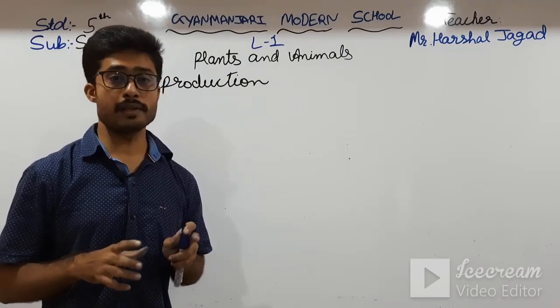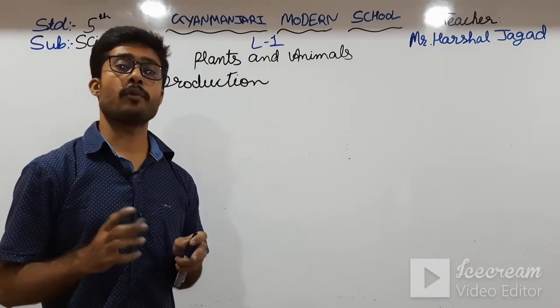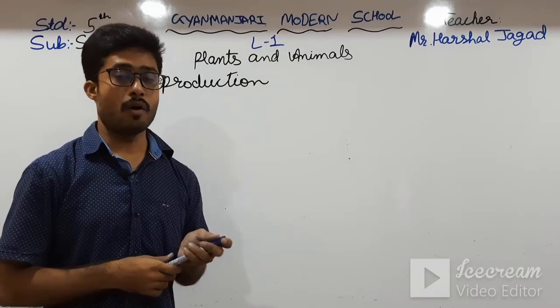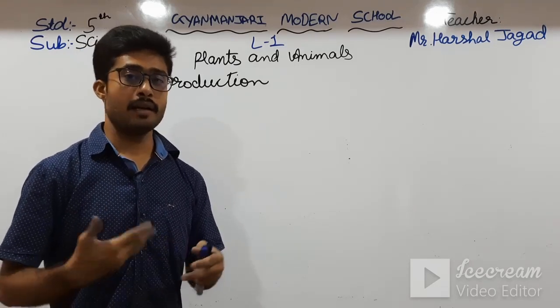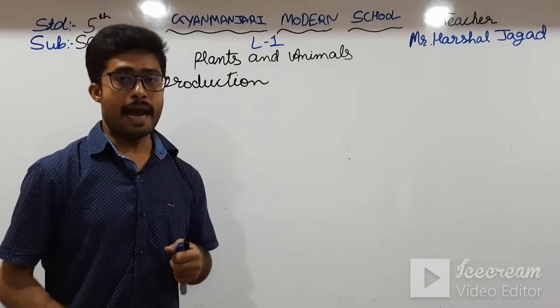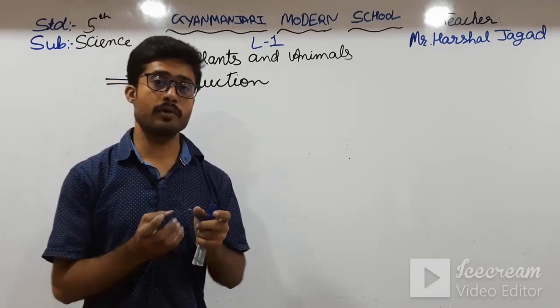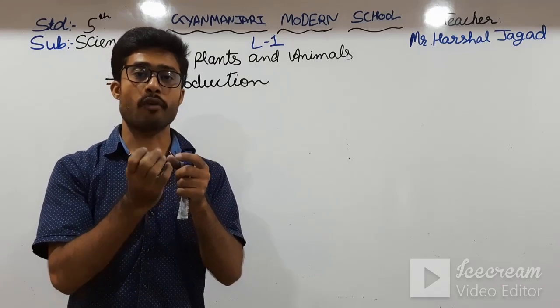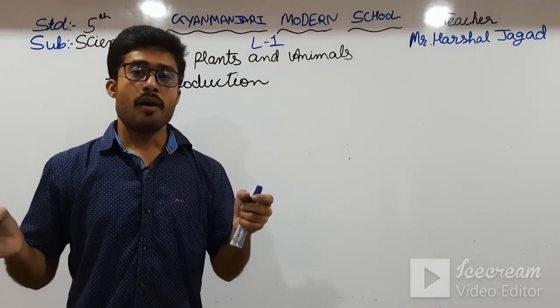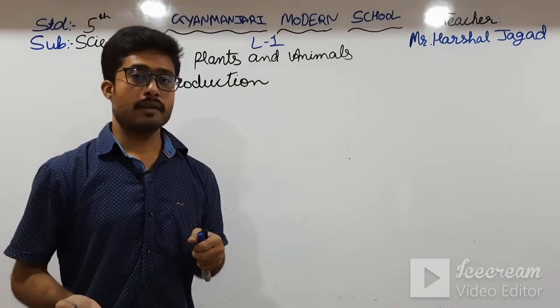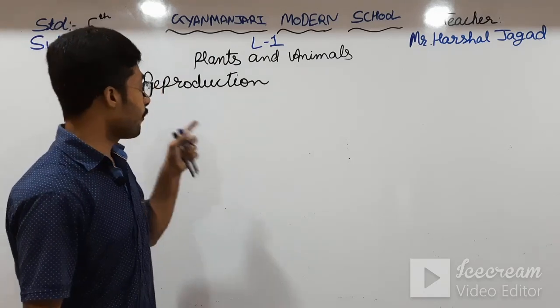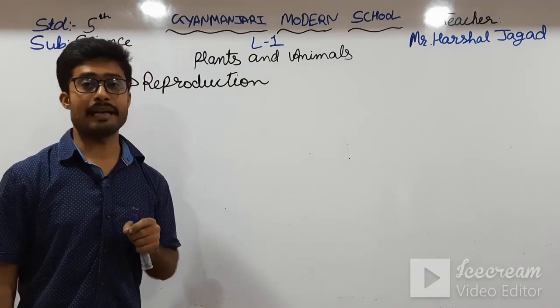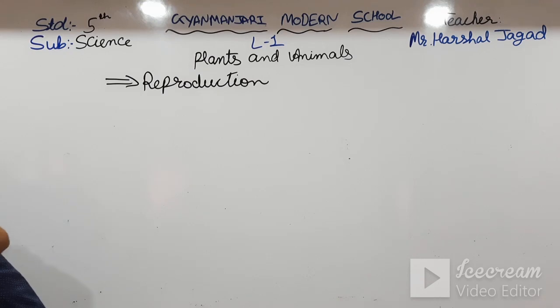They produce their young ones or they produce eggs. And in plants, how do they reproduce? There is a parent plant or parent seed, from which they produce another one. Okay students, let us discuss reproduction further.